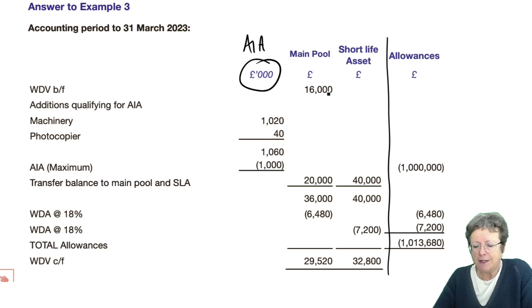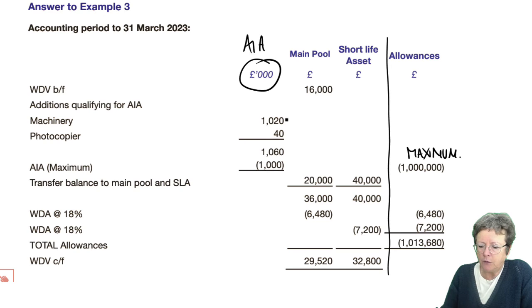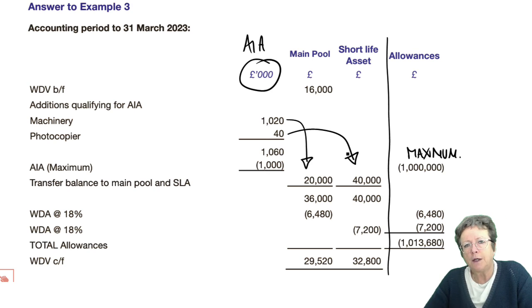So we've got machinery and the photocopier. Add those 2 together and we're going to claim the maximum AIA. Now there is a balance because obviously the value of the assets prior to the AIA is 1.06 million. So 20,000 of the machinery goes back into there and the 40,000 has gone into the short life asset column.